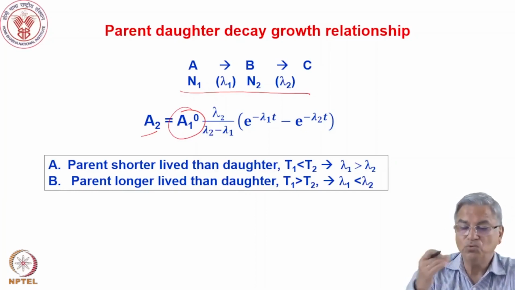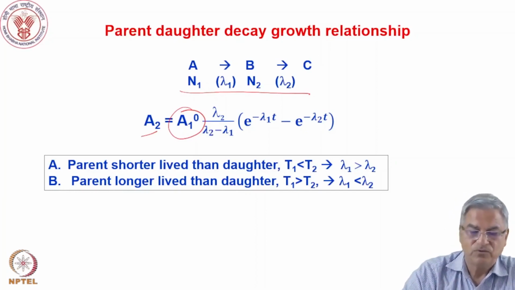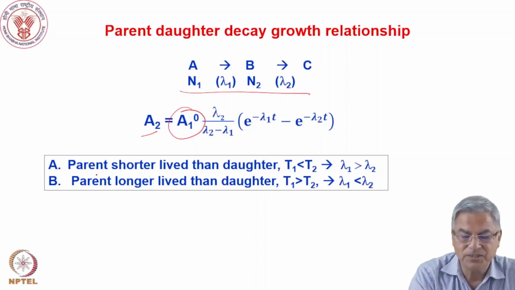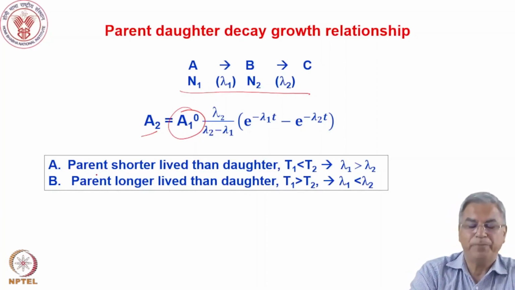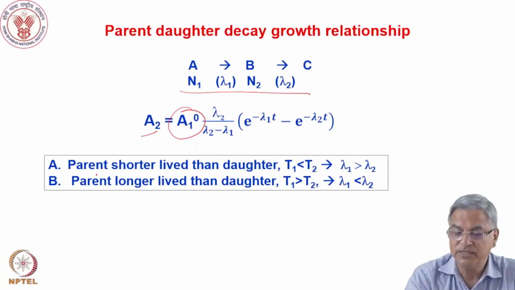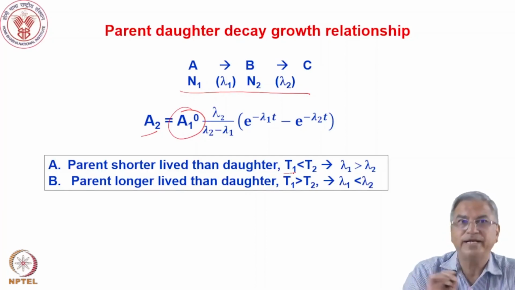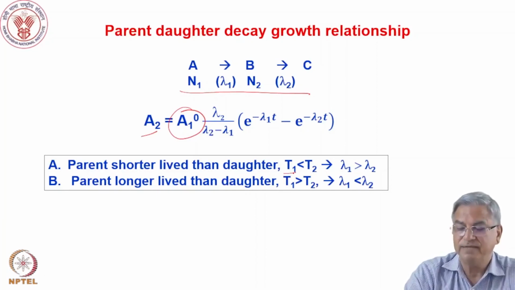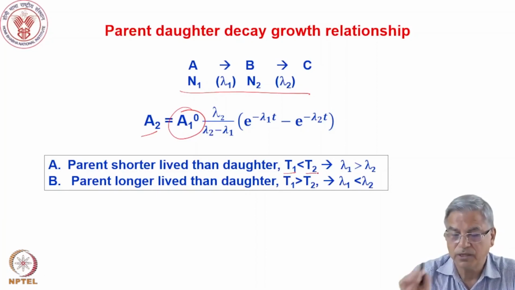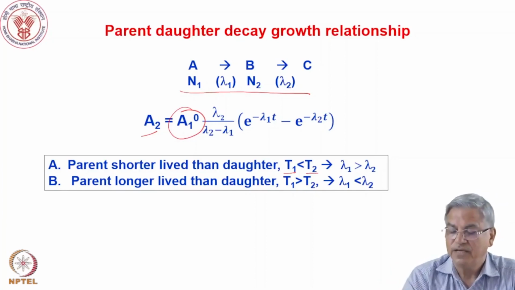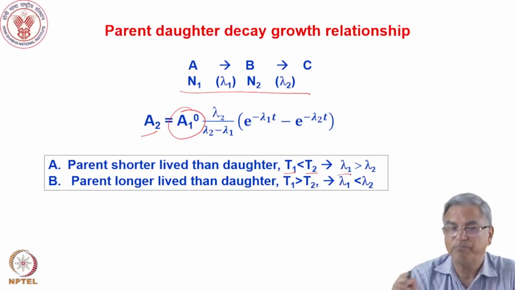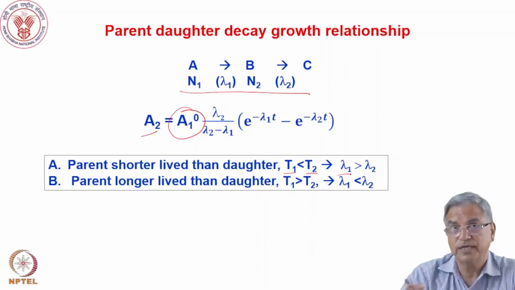So now there are two situations. A, where the parent is short-lived than daughter. When we say parent is short-lived than daughter, it means the half-life of parent is less than that of daughter, and in terms of the decay constants, lambda 1, the decay constant of parent, is more than that of the daughter. So you take note of this one.